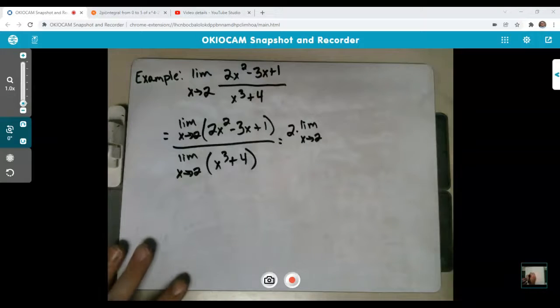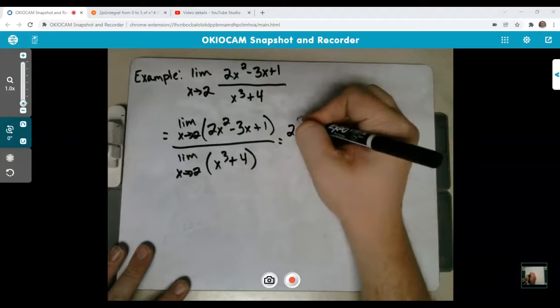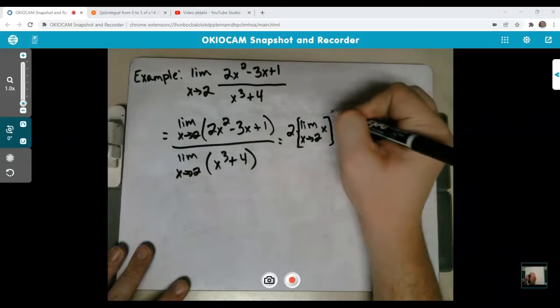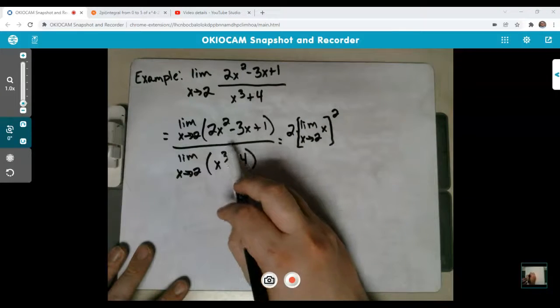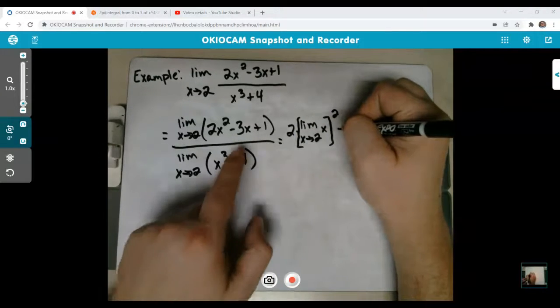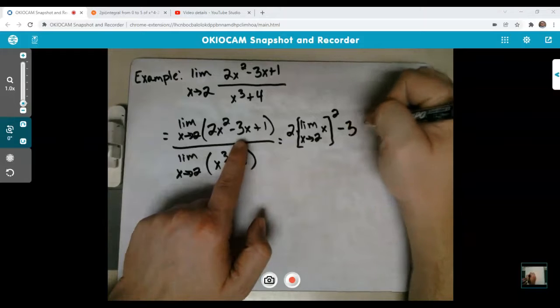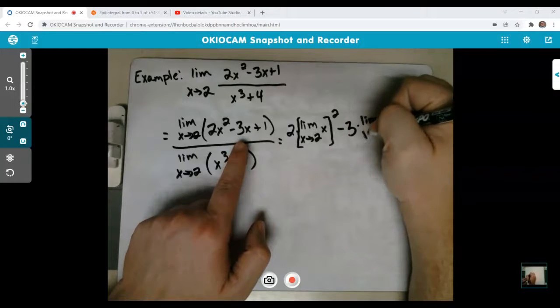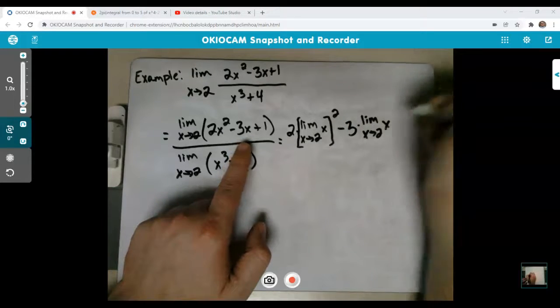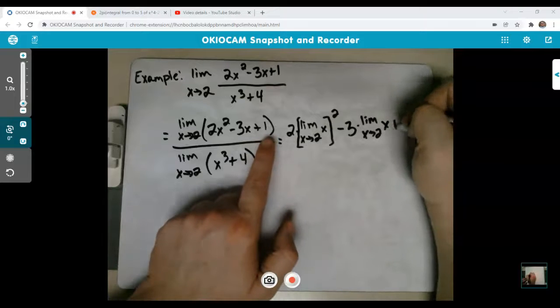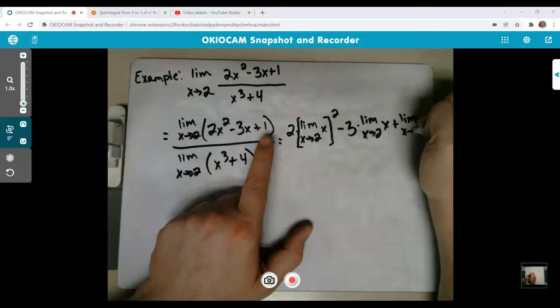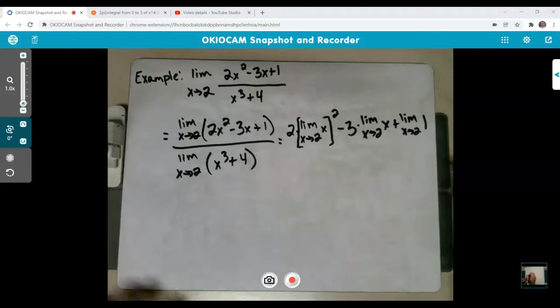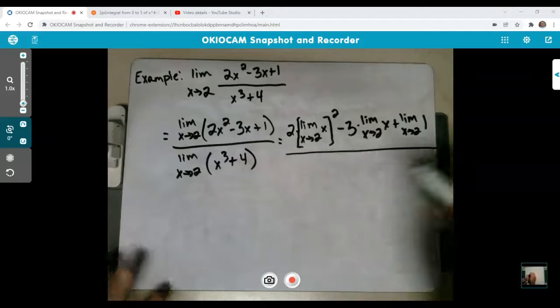So that's the limit as x approaches 2 of x, and I'm going to square that because of the squared. Then I'm going to subtract the number out front of this one's 3. So 3 times the limit as x approaches 2 of x. Then I just have a 1, so that's the limit as x approaches 2 of 1. That's everything on top.